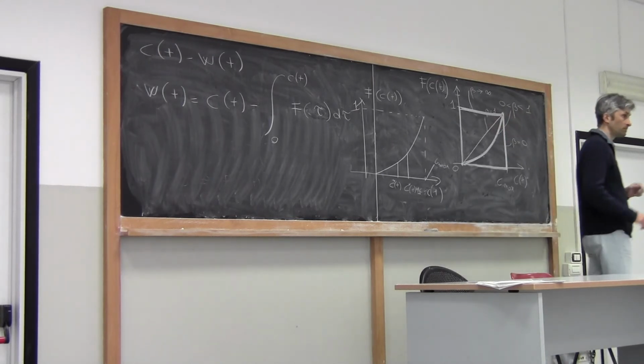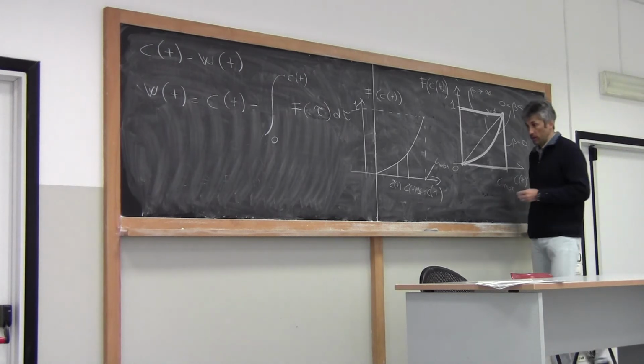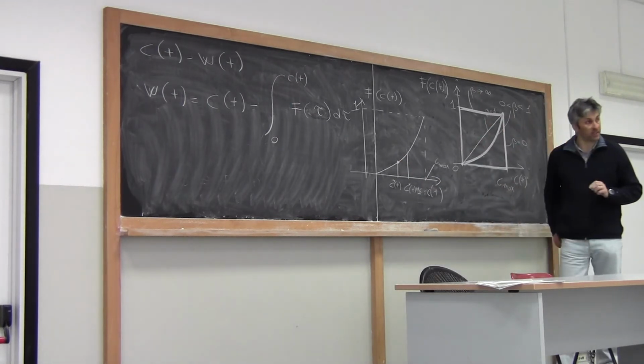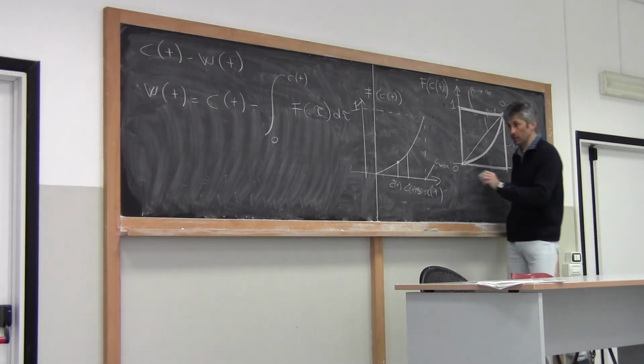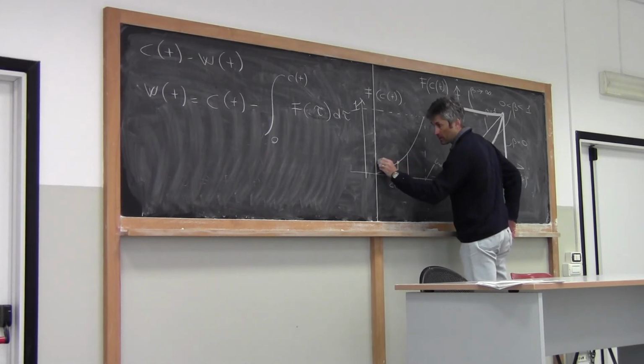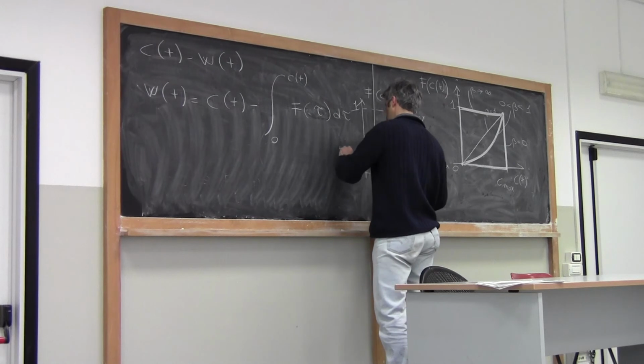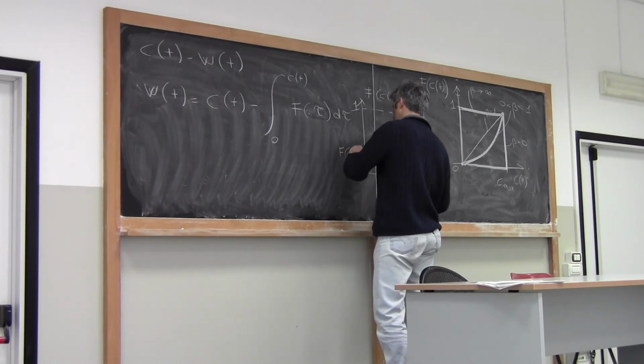Now, at this point, Ct, I have a percentage of saturated area which is given by F of C star t.